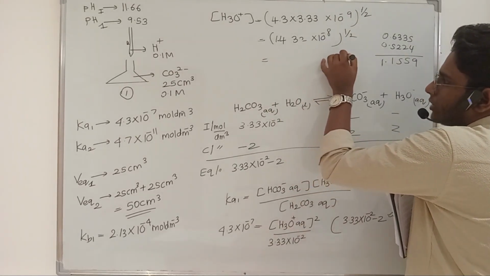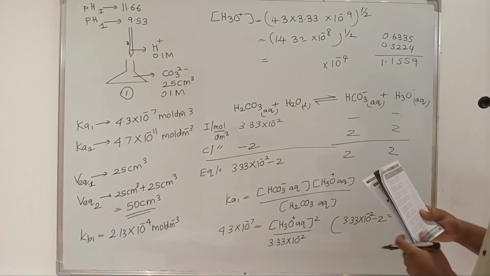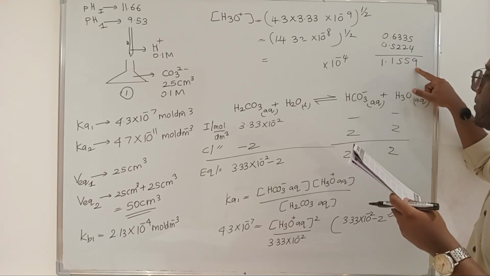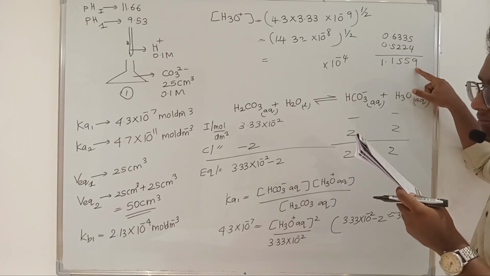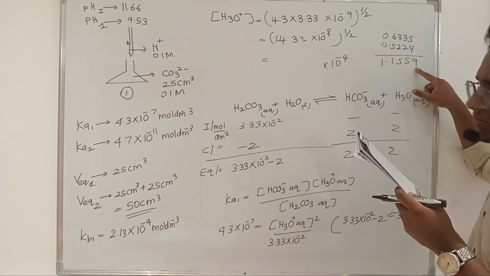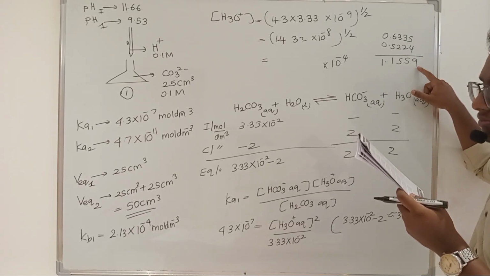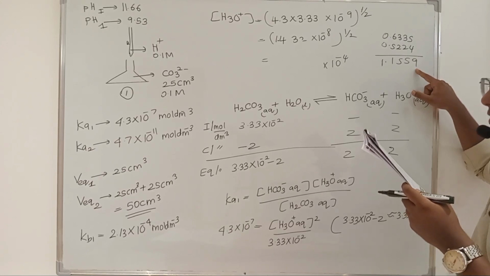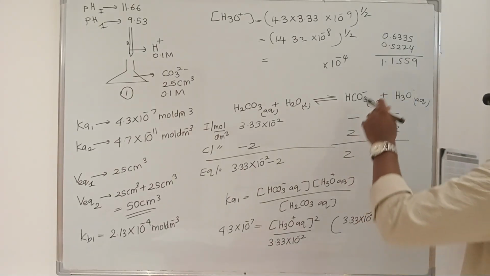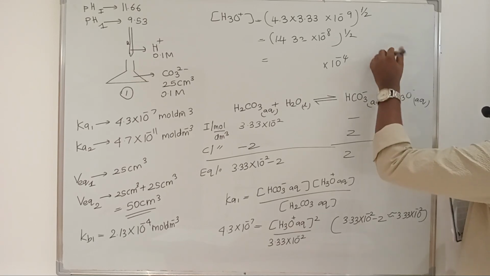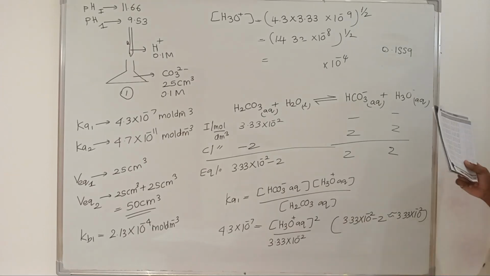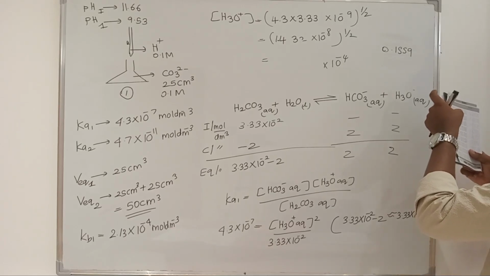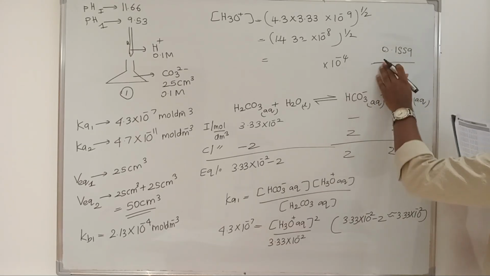Then I'll get 10 to the power minus 4 into, using log values I have to find this. So 1.432, its log value is 0.1559. I have to take half of it, then only I can get the root.